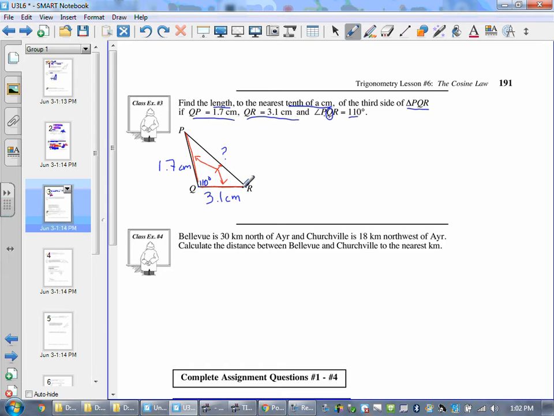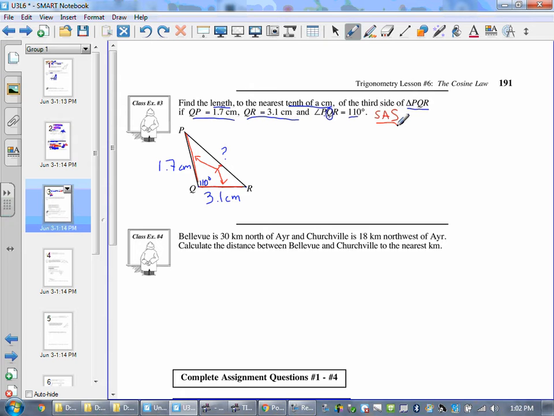Get what I did there? And that's going to tell you to use cosine law, version 1.0, because it's not a right angle triangle. So Pythagorean theorem only works for a right angle triangle. So good thought. It doesn't work because we're obtuse.